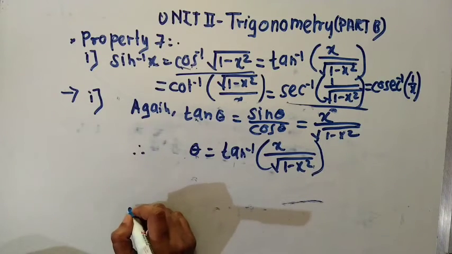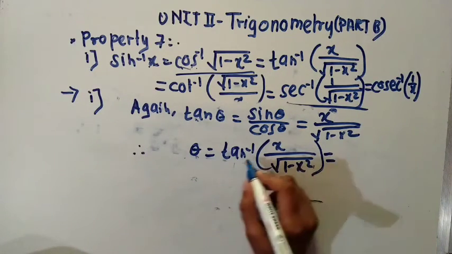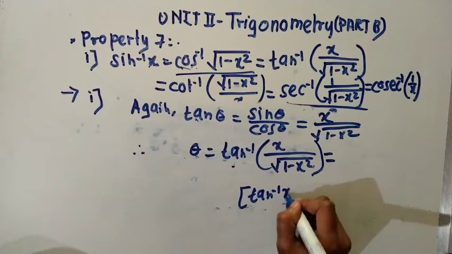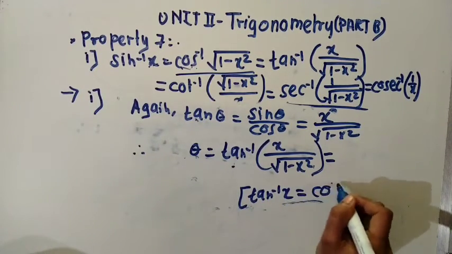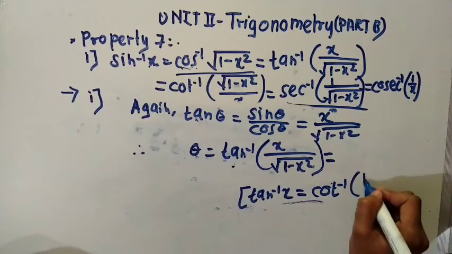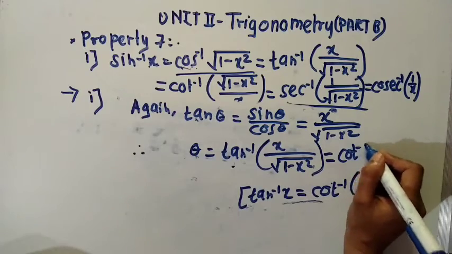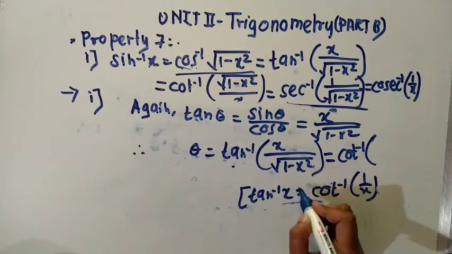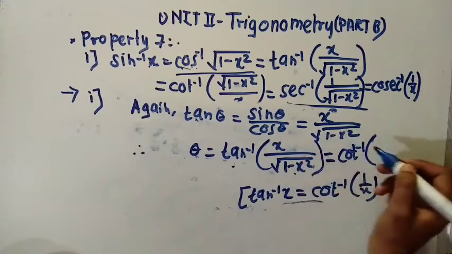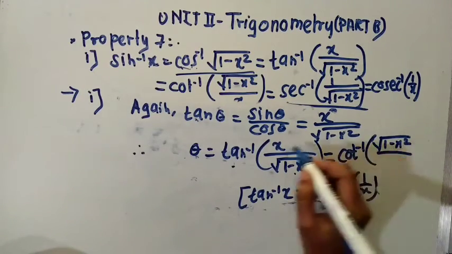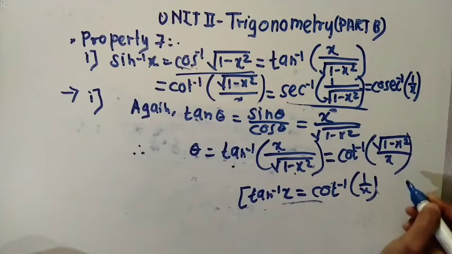This is found in terms of tan inverse, but tan inverse of x is equal to cot inverse of 1 upon x. Hence tan inverse of x is equal to cot inverse of 1 by x, means the denominator goes up, 1 minus x square upon x.